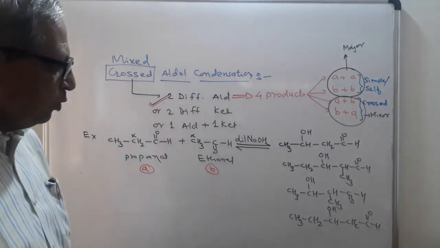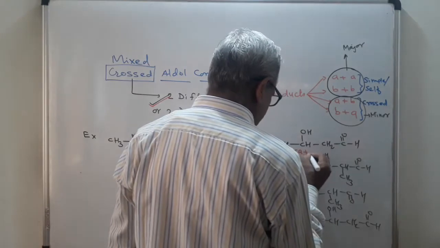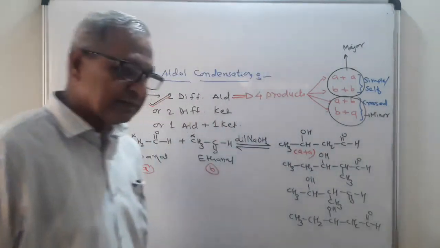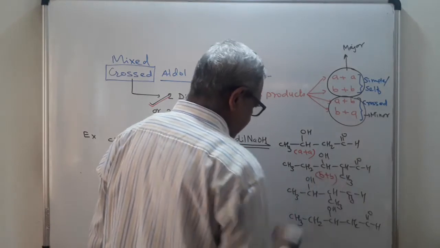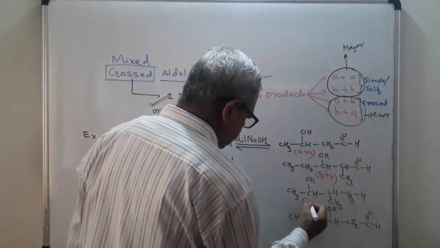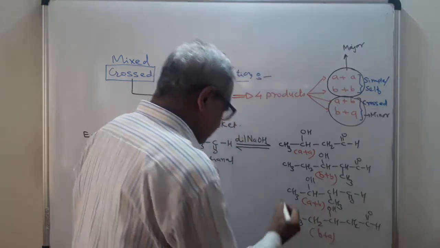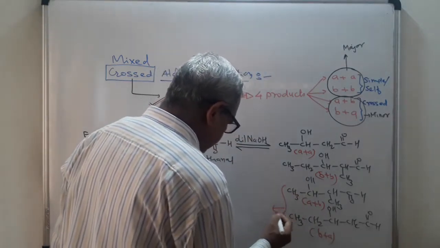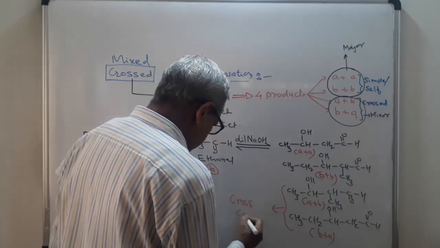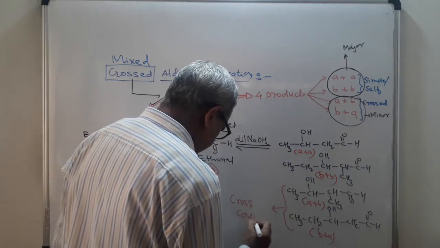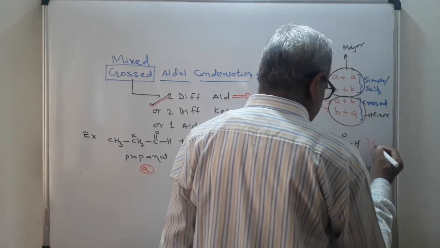In these four products, the first product is A plus A, as I was explaining in the mechanism. The second product is B plus B, the third product is A plus B, and the last product is B plus A. So these two products are known as cross combination or cross coupling. In the other case, self coupling takes place.